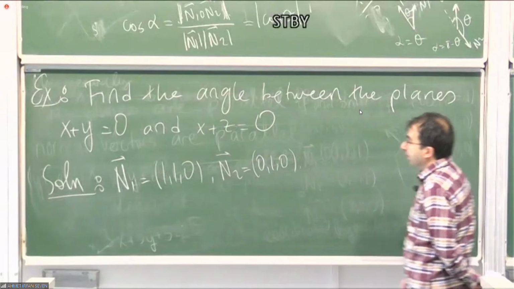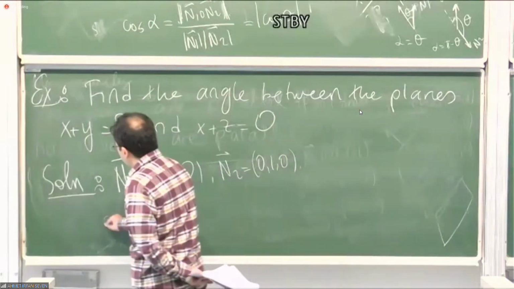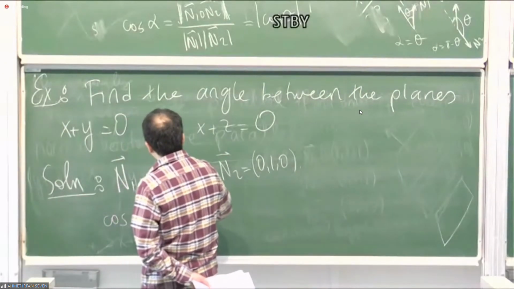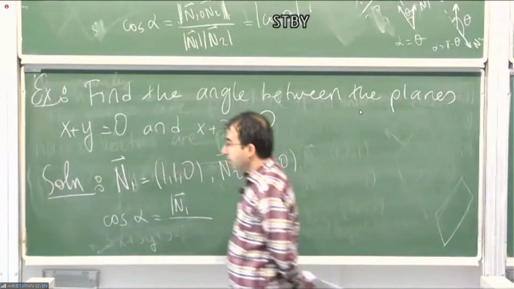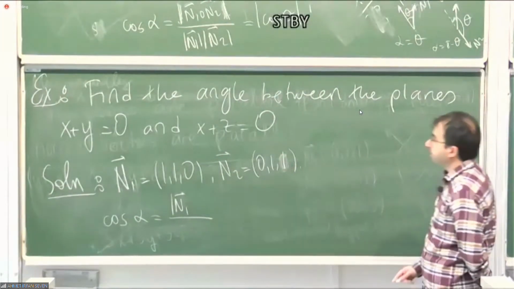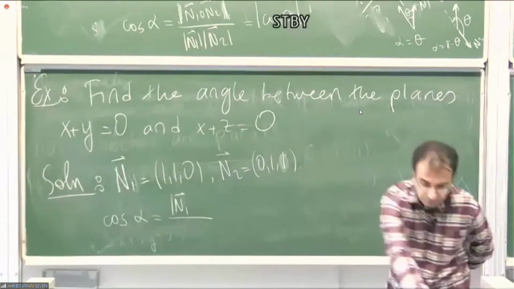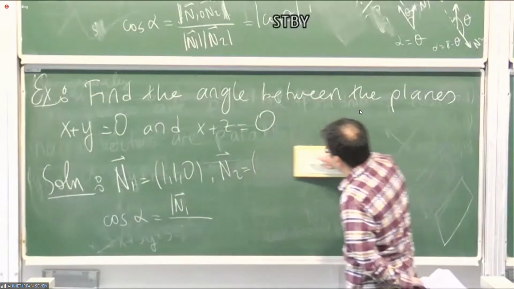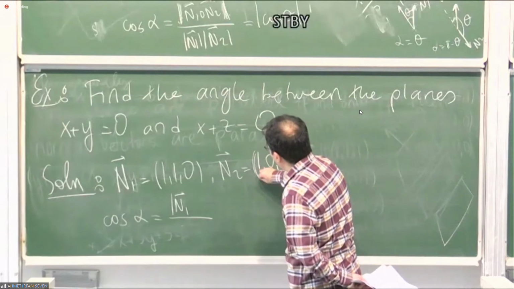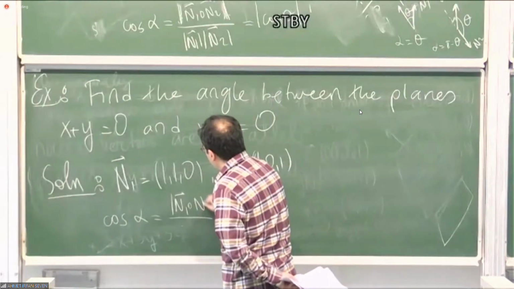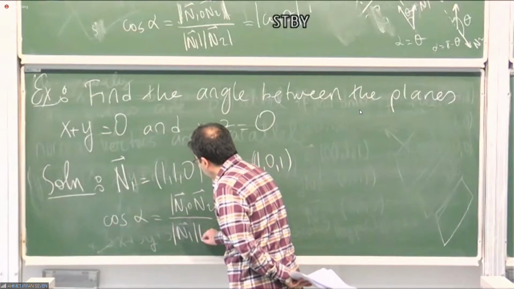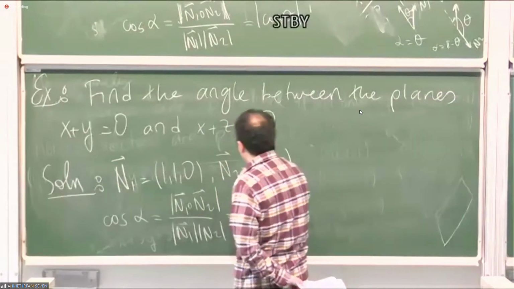All right, then the cosine of the angle between them will be the absolute value of... Hocam ikincisi sanırım 1, 0, 1 olacak. Yeah, 1, 0, 1, pardon. N1 dot N2 divided by length N1 times length N2.